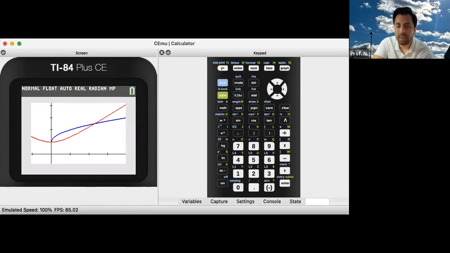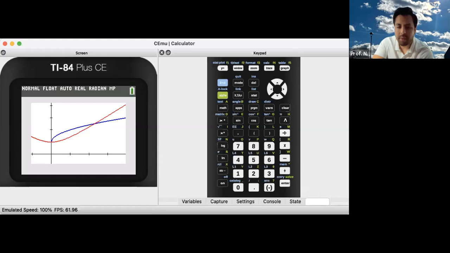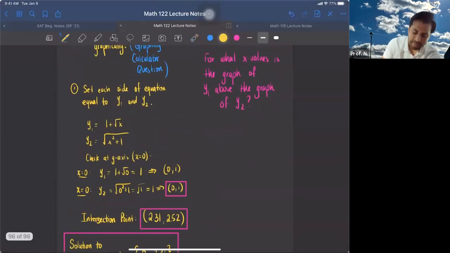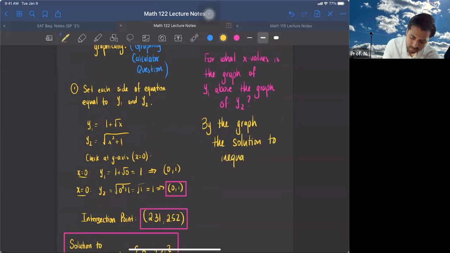So what would be the solution to this? By the graph, the solution to the inequality would be the x values from 0 to 2.31.